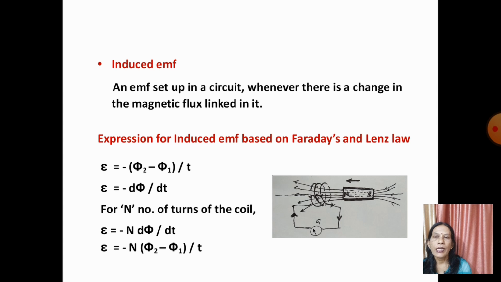So the induced EMF will develop only when the flux is changing. As you can see in this diagram, when the north pole is approaching the coil, the induced EMF and current develop in the coil because the magnetic flux is changing.